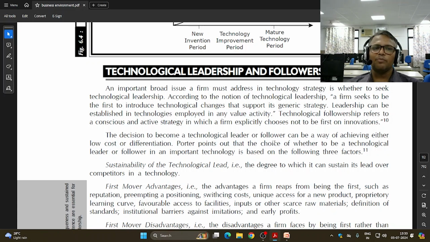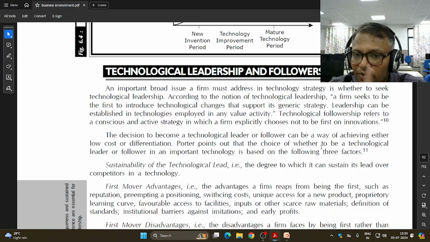Technological followership refers to the consequence of active strategies in which the firm explicitly chooses not to be first on the innovations. Thus, the decision to become a technological leader or follower can be a way of achieving either cost leadership or differentiation. Porter points out that the choice of whether to be a technological leader or follower is an important technology strategy decision and is based on the following three factors.